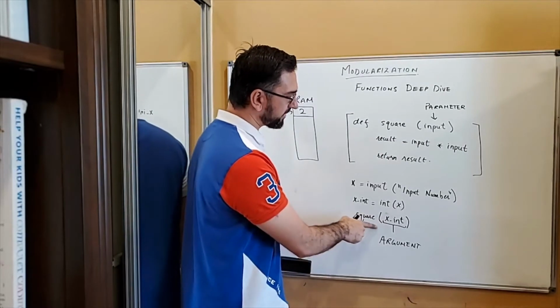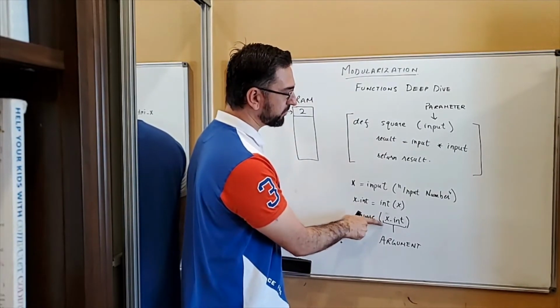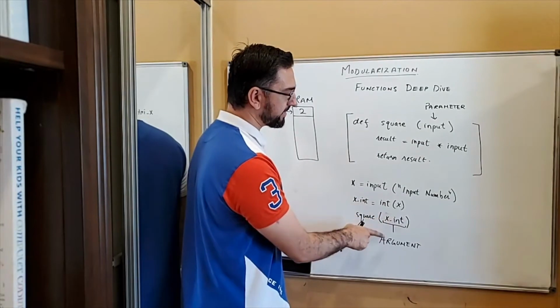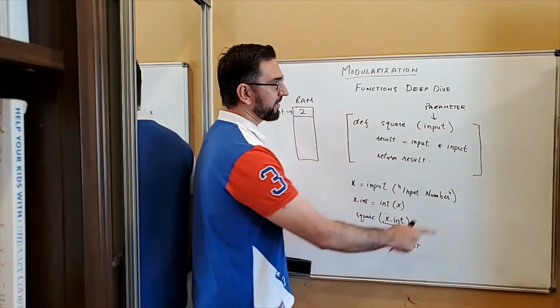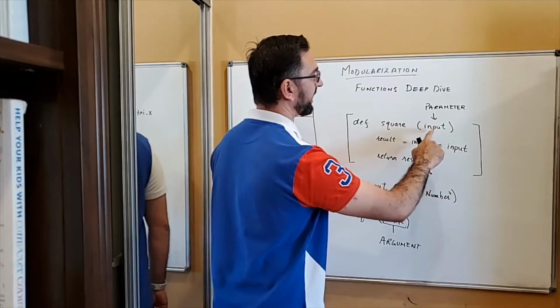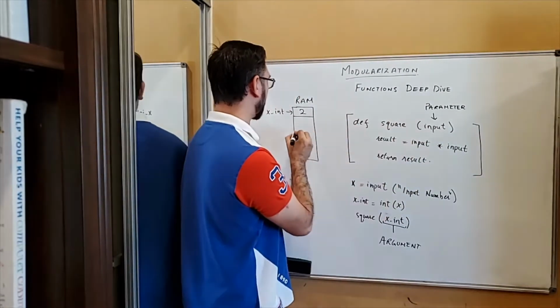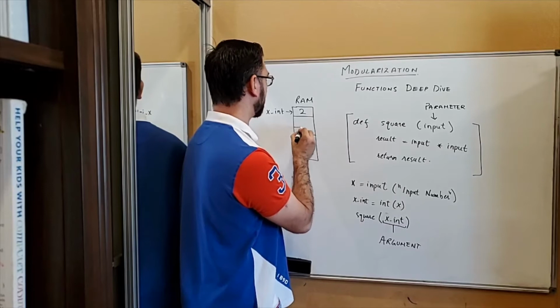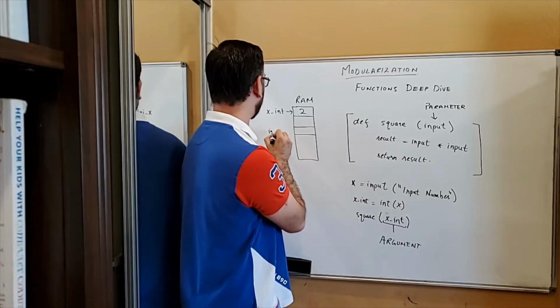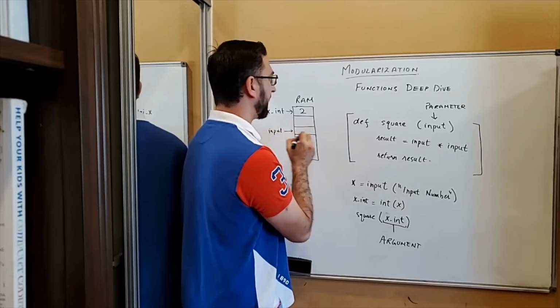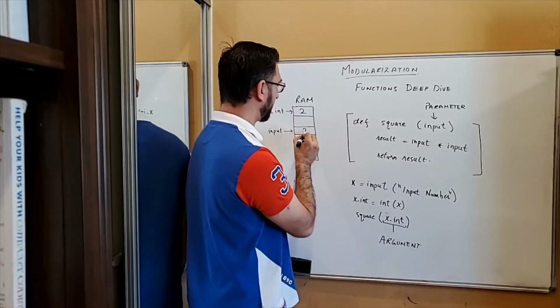However, when we call this function and pass in the value x int as an argument, it will go ahead and create another variable input somewhere else in the RAM, and copy the value to there.